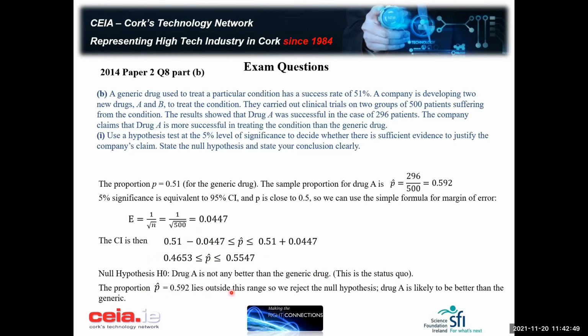We're going to say that we reject the null hypothesis. It's unlikely that this measurement of 0.592 could have happened by chance if our true proportion is 51%. So drug A then is likely to be better than the generic.